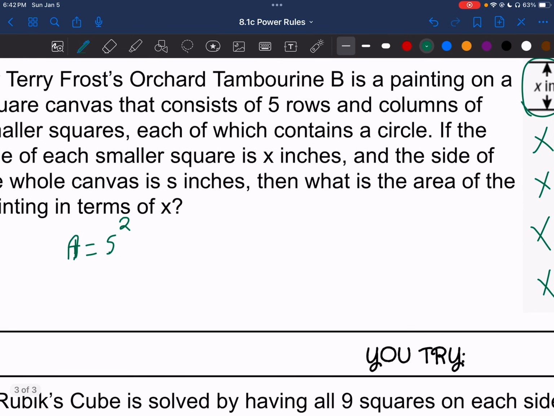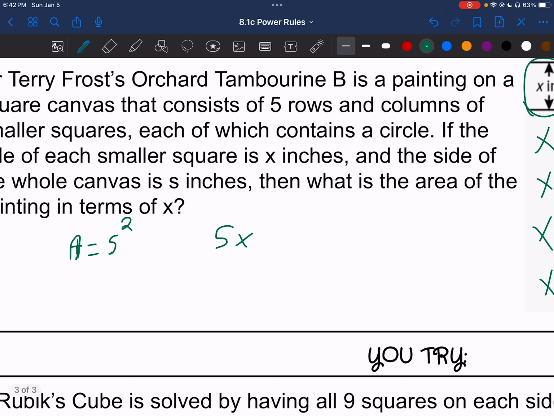So when I go to look at my area, we have 5x is the length of the side, and we are squaring it. So now we distribute the 2 to the 5 and to the x. So we have 5 to the second power, x to the second power. And 5 times 5 is 25, x squared. That would be our measurement, 25x squared.